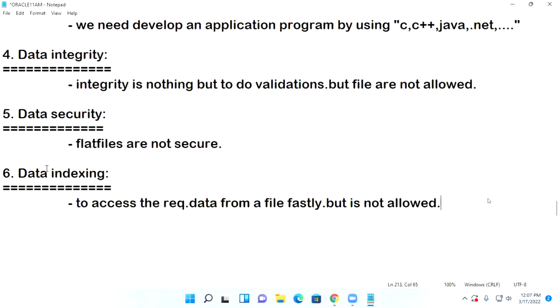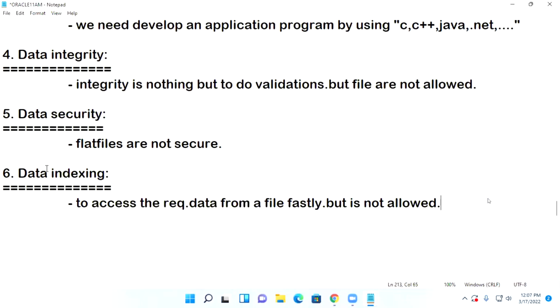In real time, the target is how much shortest time I can take to get my data. That is the first priority: reading data in the shortest period. For that purpose, we use indexing concepts. So these are the problems not supported in our flat files.